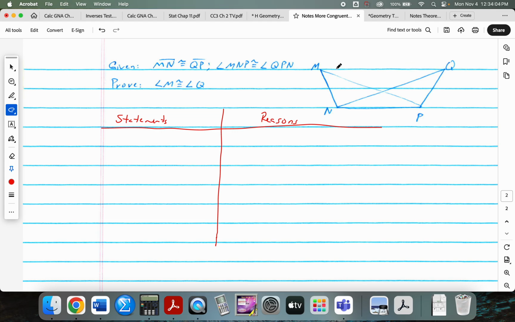There is no segment drawn from M to Q. I unfortunately used a blue pen when I drew this, and so the line that I used to help line it up makes it look like there's another line there, but there's not. So MN is congruent to QP, and angle MNP is congruent to angle QPN.